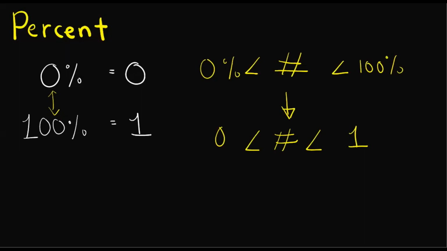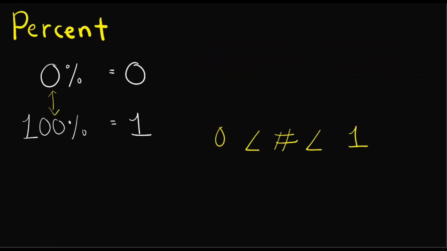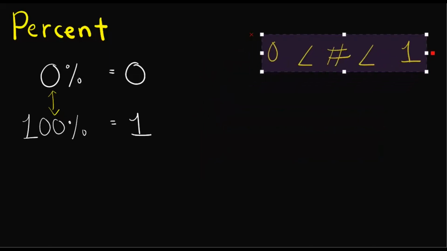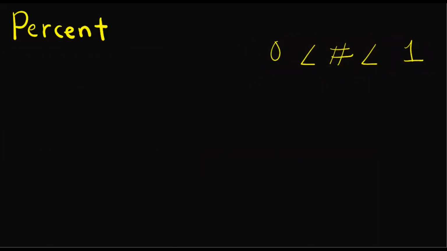So we know that every number that is less than 100% is actually less than 1. So let's put this out here and let's give some examples on that one.